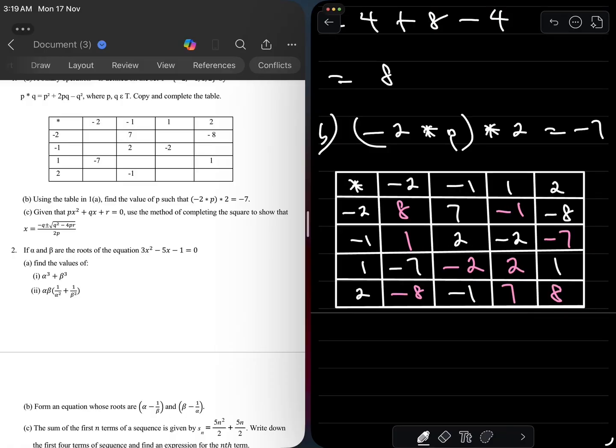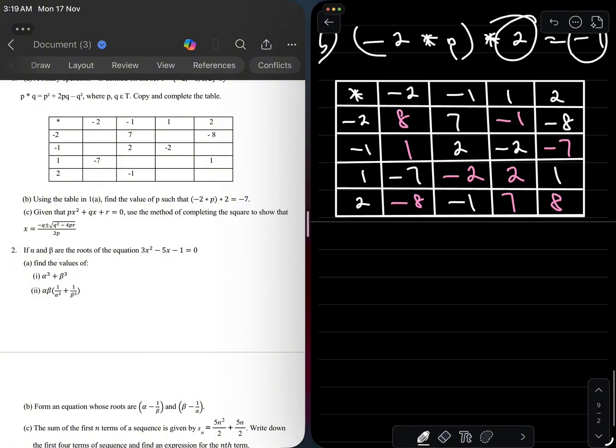We want to find what we need to combine with 2 to get minus 7. When we get that, that number is the same as minus 2 asterisk p. So we have to check the table.